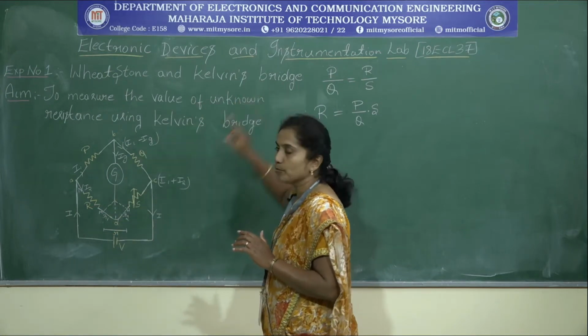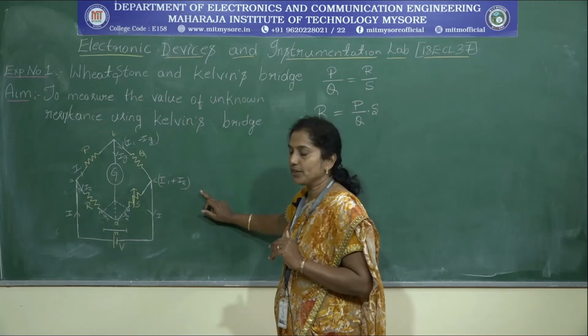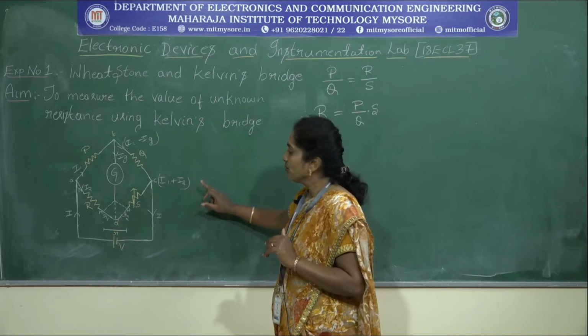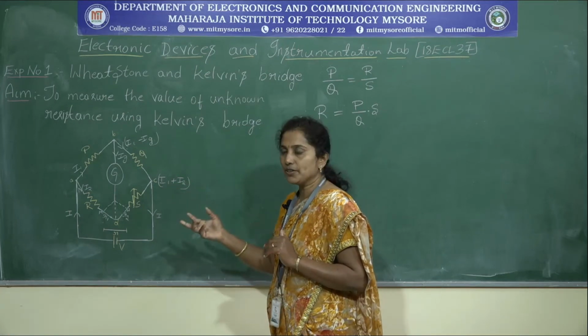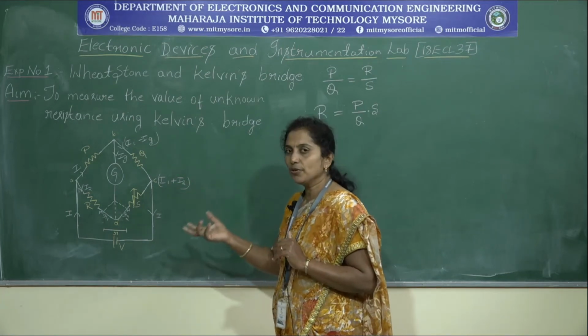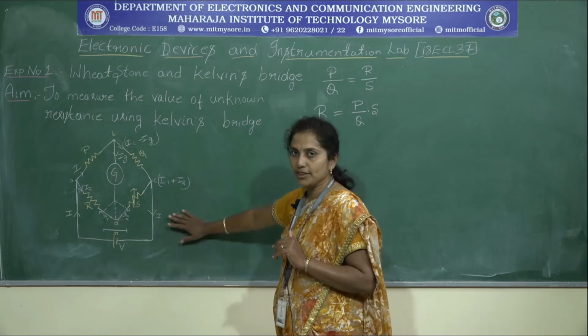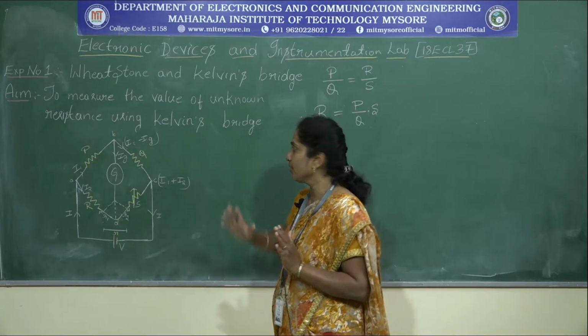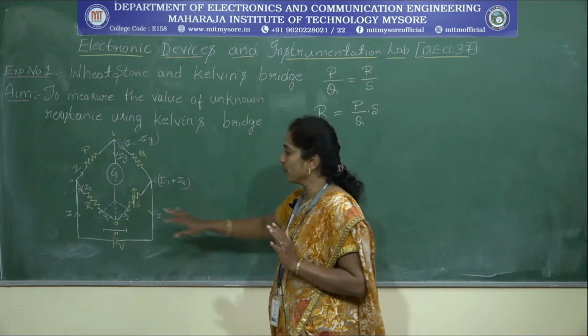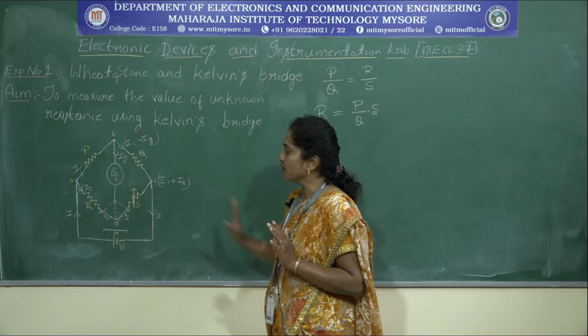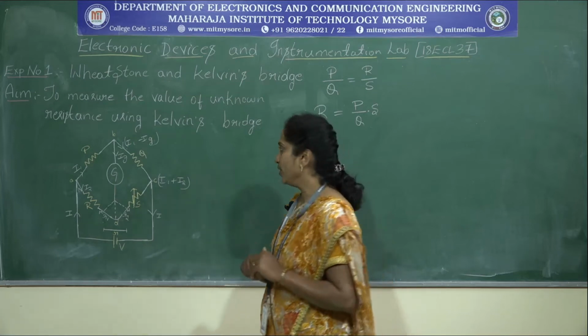That is the major drawback of the Wheatstone bridge: we cannot find very low resistance values. With the Kelvin's bridge, we can find very low unknown resistance values with high accuracy.